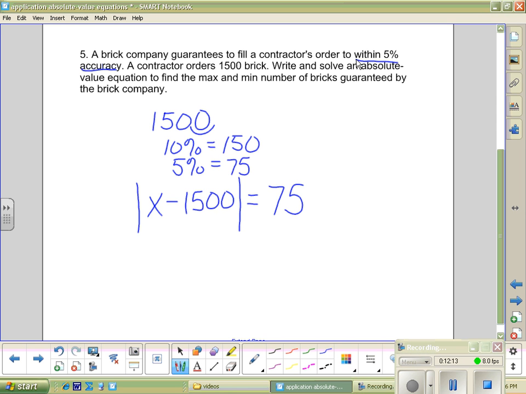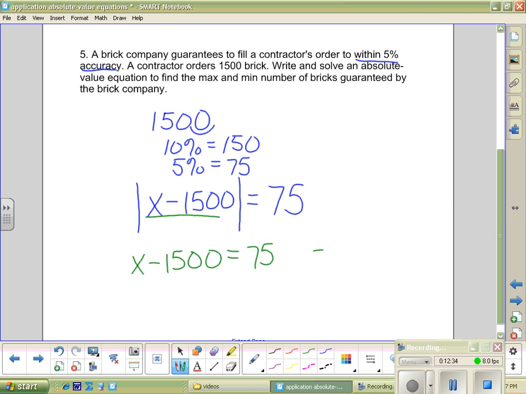Mr. Albo showed you graphically how to solve an absolute value equation by using the graph and looking at your midpoint and going from there. Well, I'm going to remind you how to do it algebraically. So we take the positive, the x minus 1,500, and set it equal to 75.